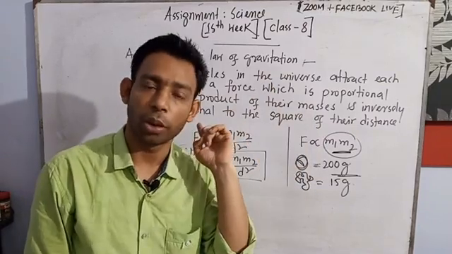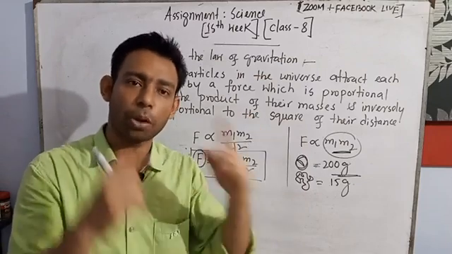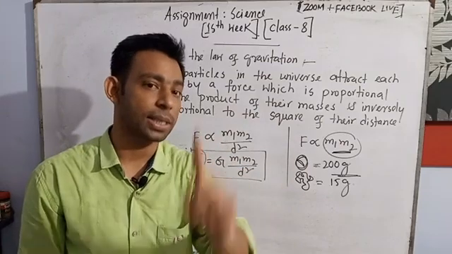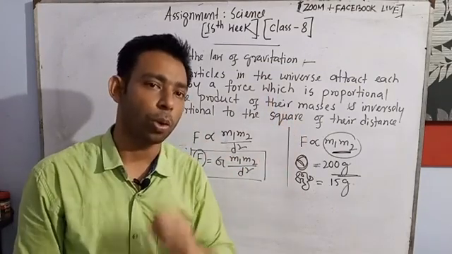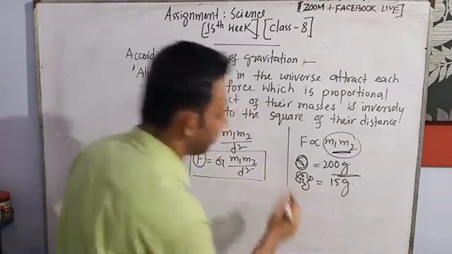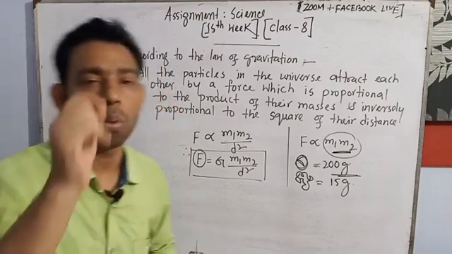Whatever I have told you here, this is the impact of the masses, and small g, we know about them. Okay, so if there is acceleration due to gravity, I tell you in what way.